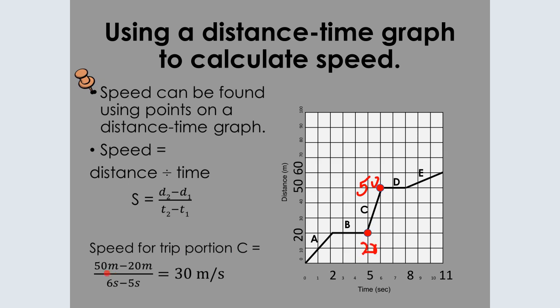So we put that up at the top here. 50 minus 20 is 30. And then the change in time. This is 6, and this is 5. 6 minus 5 is 1, so 30 over 1, or 30 meters per second.